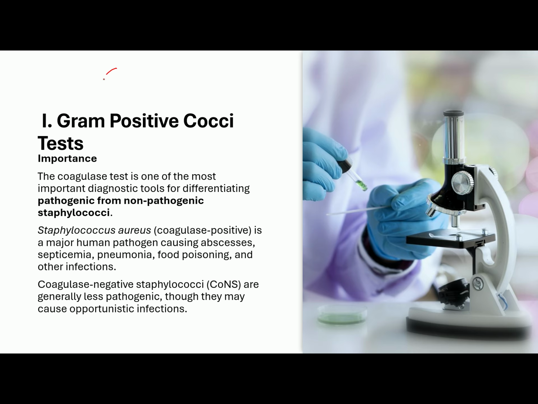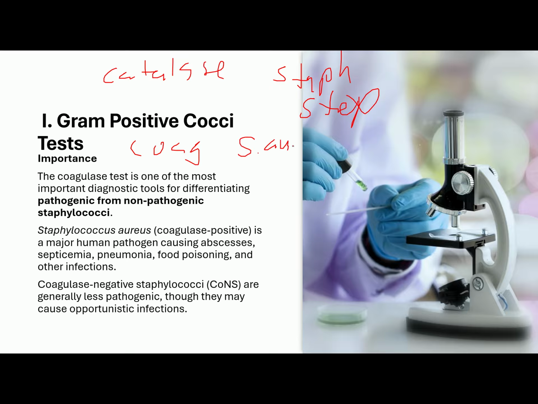So kung ang catalase nyo is used to differentiate staph from strep, si coagulase nyo naman is used to differentiate S. aureus from other staph species.